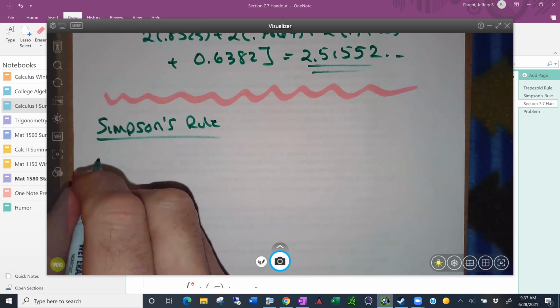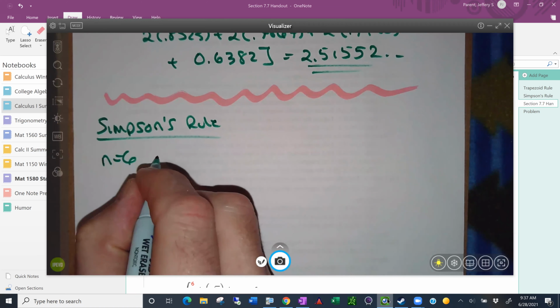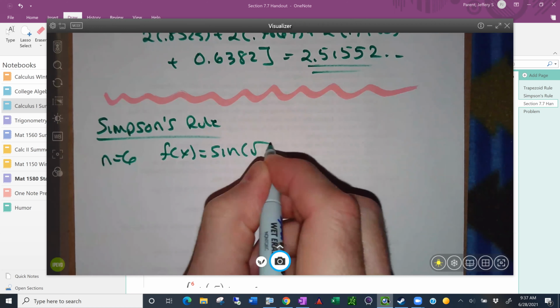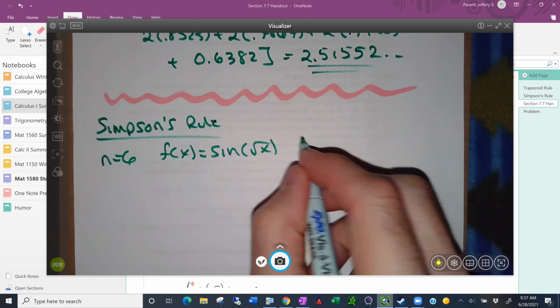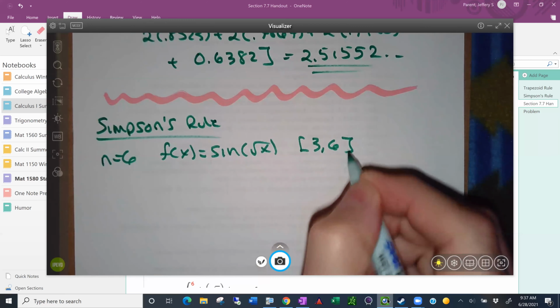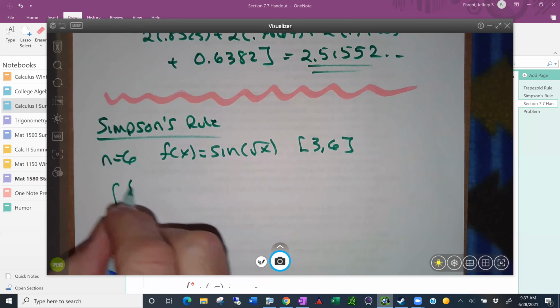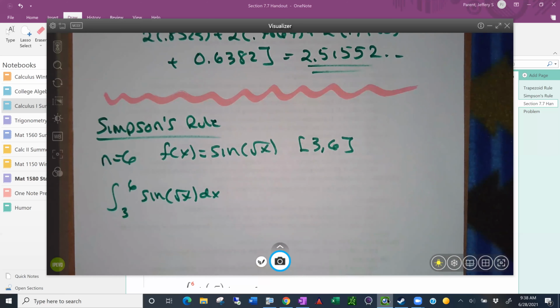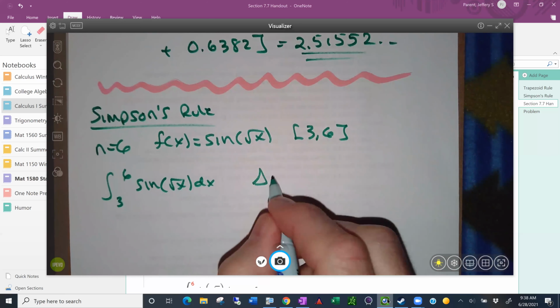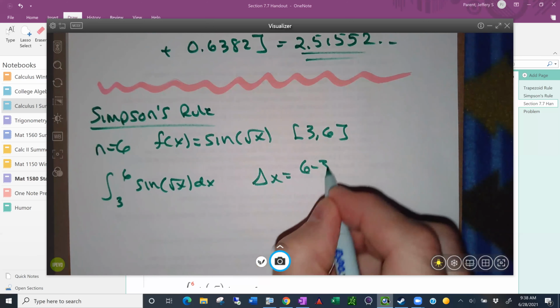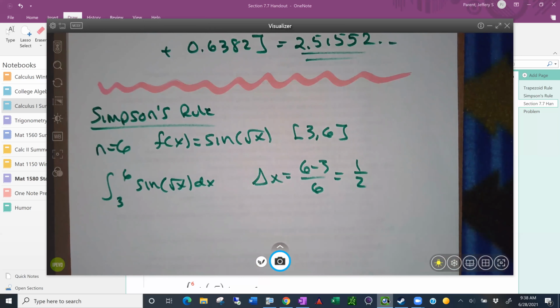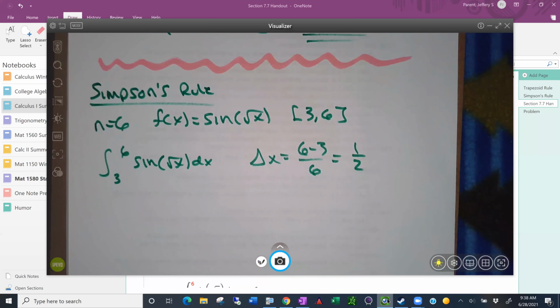So with n equals 6, f of x is the sine of the square root of x as before. Our interval is going to be 3 to 6. So that means our delta x is going to be 6 minus 3 over 6 again, which is going to be 1/2, just like it was a minute ago.